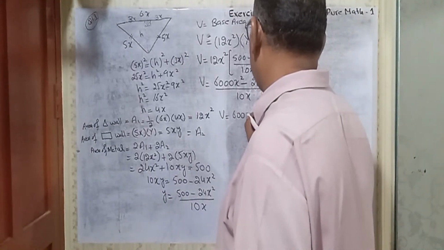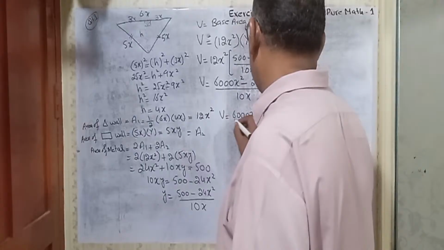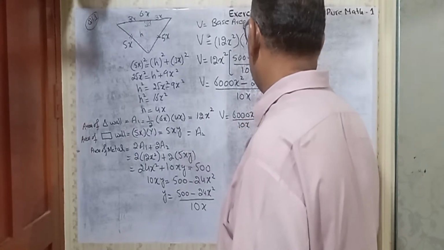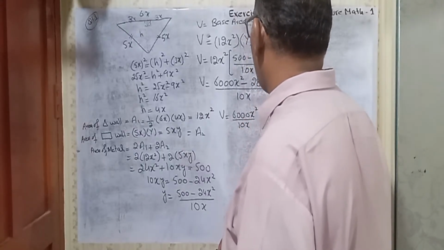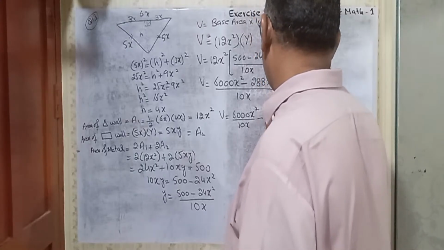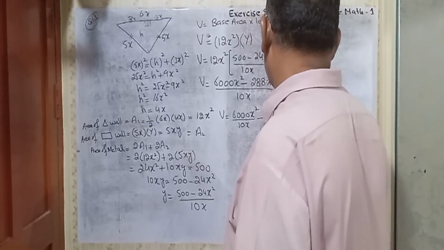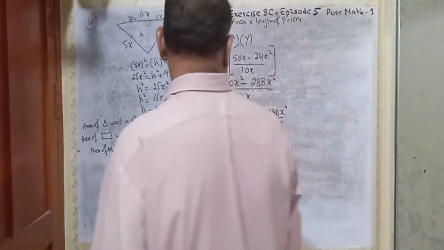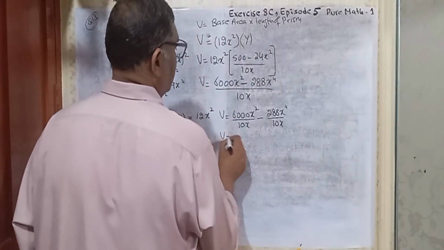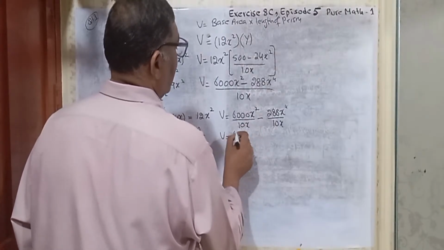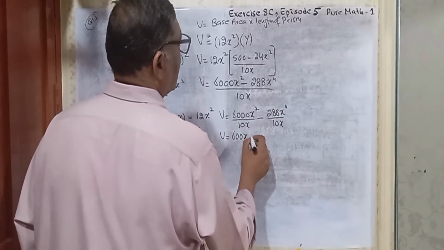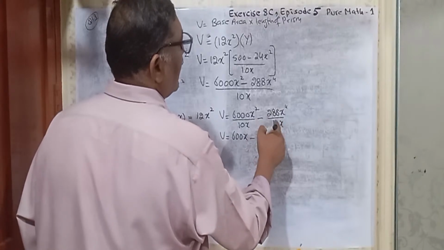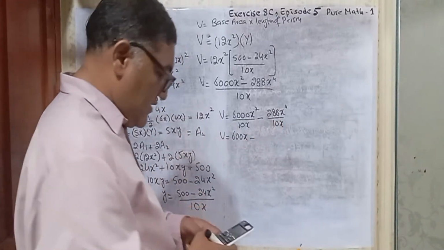How much is left? Let me write it first, then we can separate it. 10x, minus 288 x raised to power 4 divided by 10x. So how much will you be left with? The 0 and 0 cancel, 600x minus 288 divided by 10.